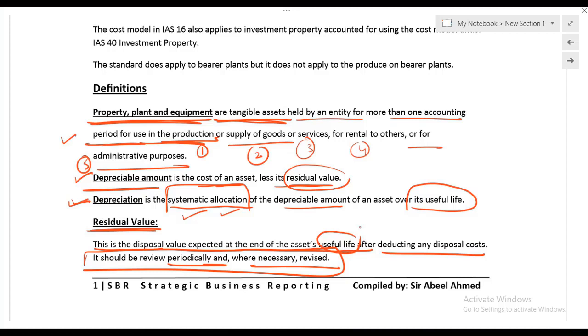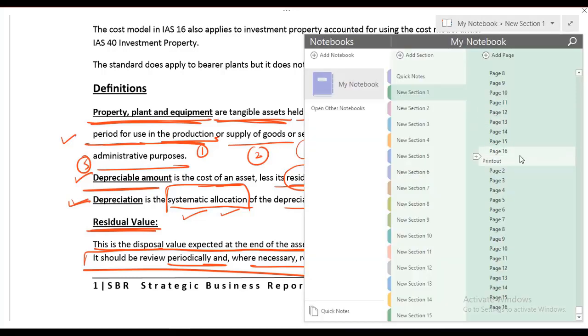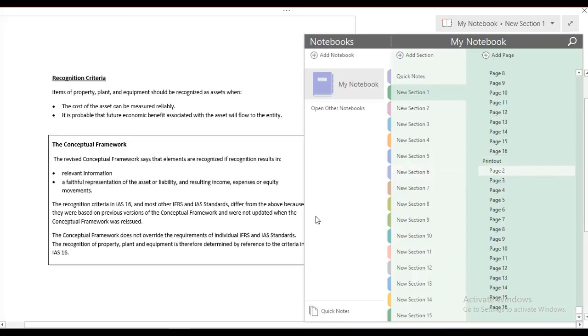So till then, dear students, thank you very much. I will try my best to discuss the conceptual framework with you side by side. Like in this IAS 16, if you just give me 1 minute so that I can give you an idea. Look at this.